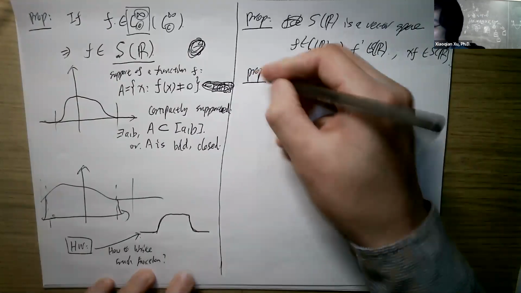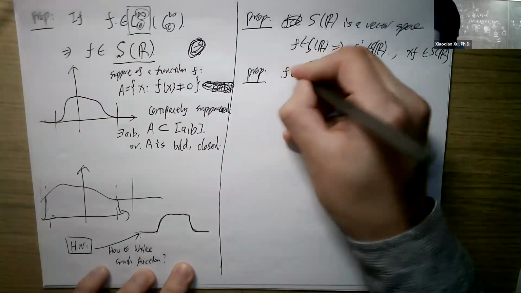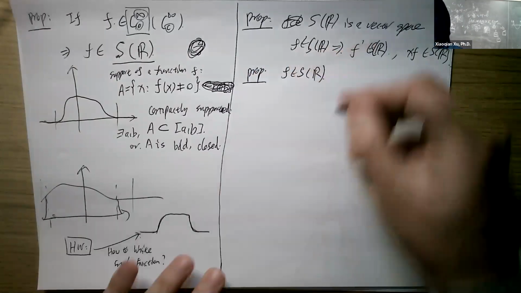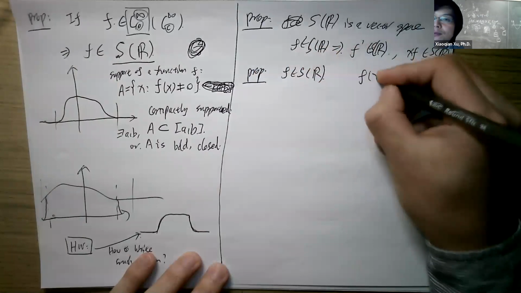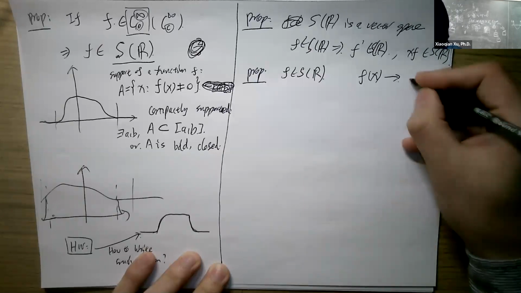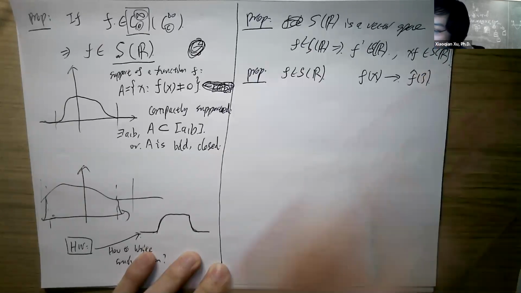So if f(x) is in S(R), the arrow just means the corresponding Fourier transform, f hat of xi.